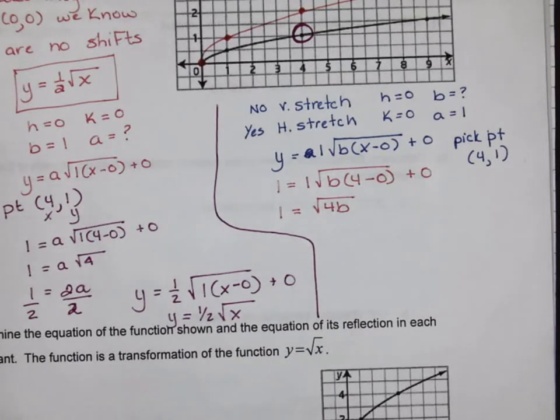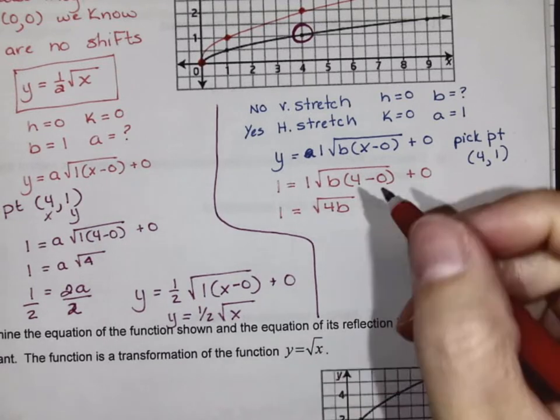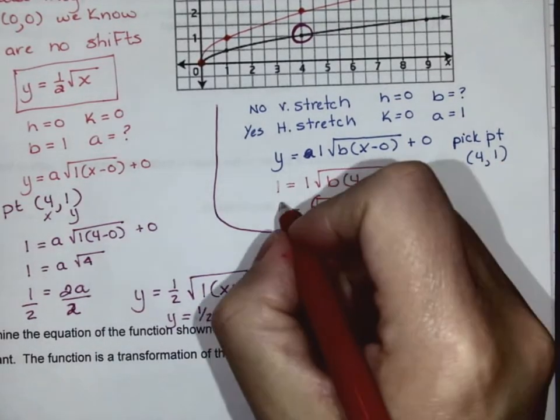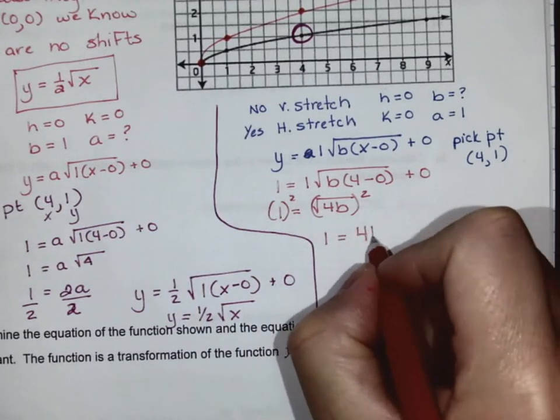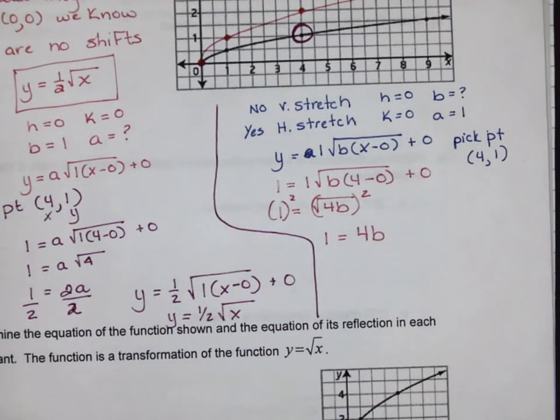Can't do that. I want to get rid of the radical. Square it. So I'm going to have 1 equals 4b, because the square of 1 is just 1, right? Now I want b by itself.